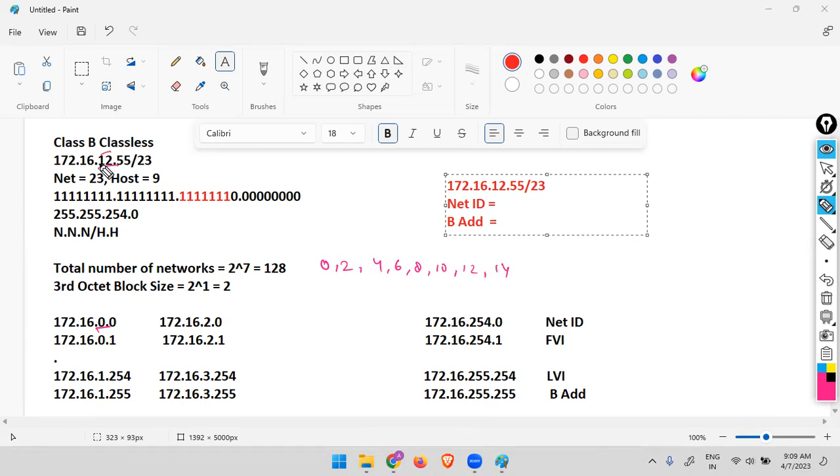What is the value here? 12. Do I have it in the network part? I'm writing here the network IDs. So these are my network IDs. Ultimately my network ID will be 12.0. But after 12, what is my next network ID? 40. That means that's it.